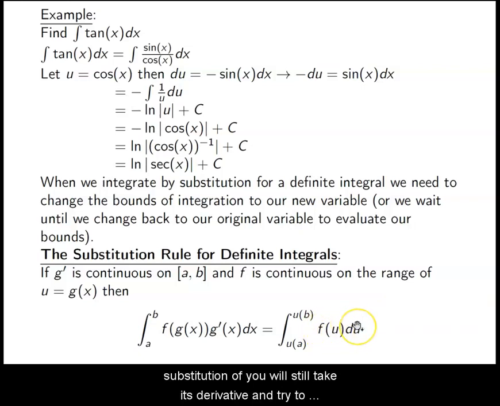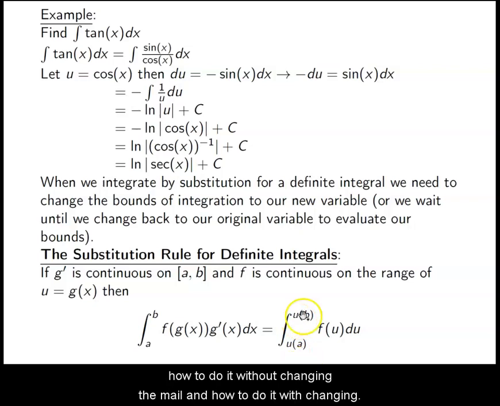So we'll still make the substitution of u, still take its derivative and solve for du, and make it fit with the integral as best as possible so that we can substitute and get it into this form. But here we have to change the bounds. We don't have to change the bounds, but a lot of people will. So I'll show you how to do it without changing the bounds and how to do it with changing the bounds.